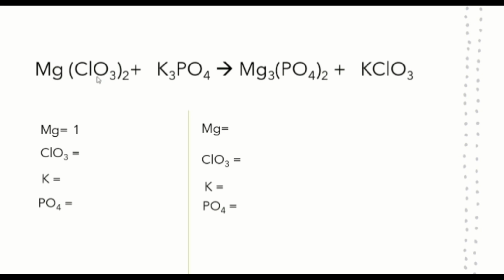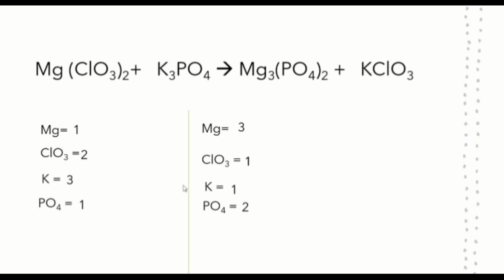And then chlorate here is enclosed in a parenthesis, so it means 2 atoms. Potassium, 3. Phosphate, no parenthesis, so it means 1. Magnesium, 3. And then phosphate, 2, since it is enclosed in a parenthesis. No number for potassium, so it means 1. Chlorate, no parenthesis, so 1 also.